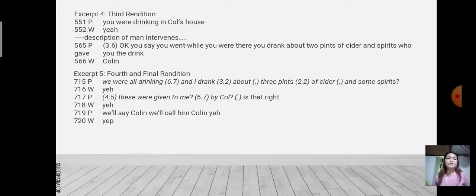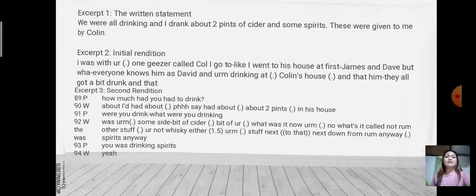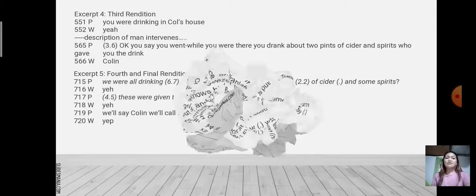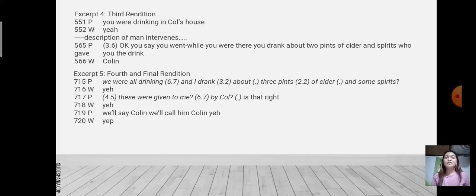As you observe in excerpt 3, number 90, the witness says that he had about 2 pints. While in excerpt 5, number 715, the police asks if he drank 3 pints, and the witness just says yes.